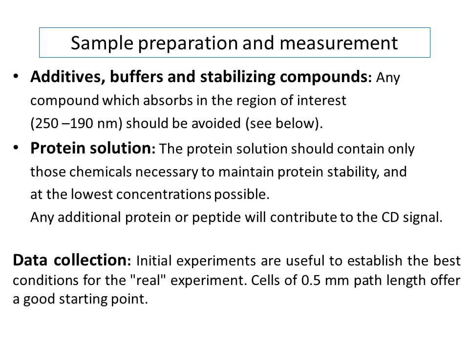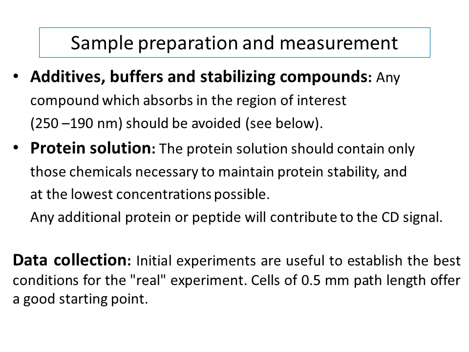When you're dealing with protein solutions, the protein should contain only those chemicals necessary to maintain protein stability and at the lowest concentrations possible. Any additional protein or peptide will contribute to the CD signal, so they'll add on to the circular dichroism result.